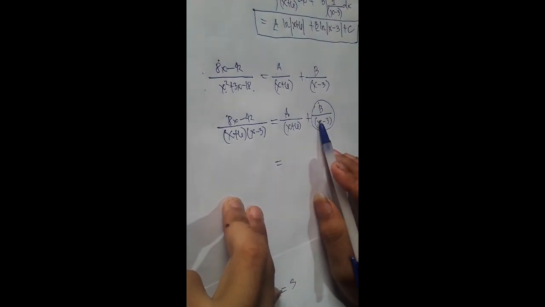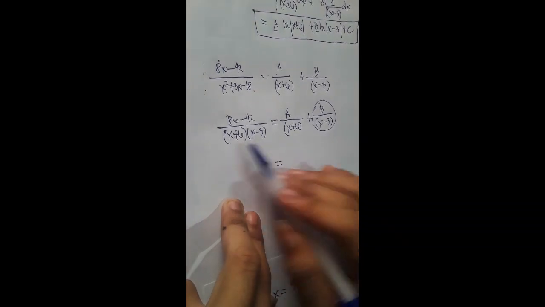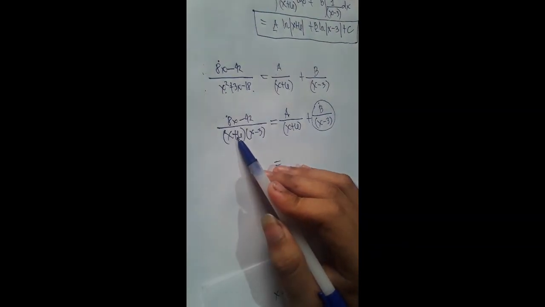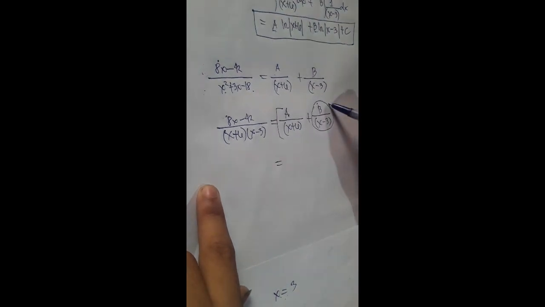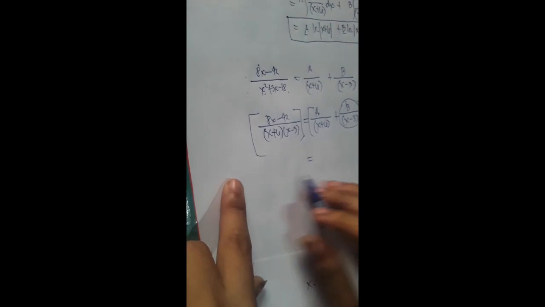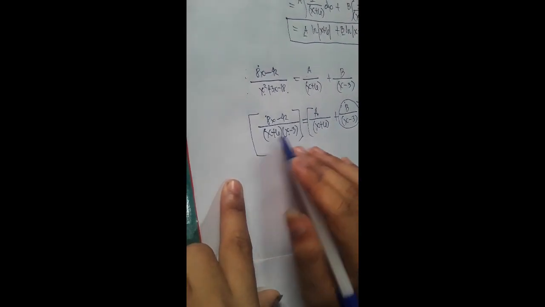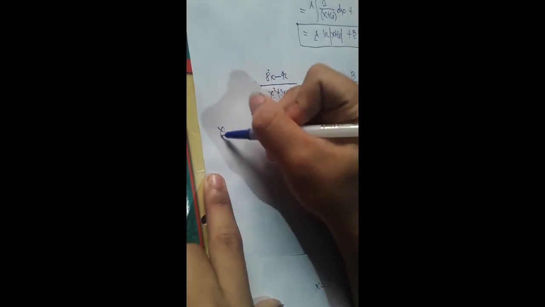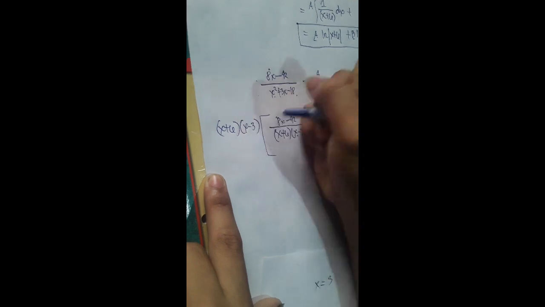Before we substitute the 3, we are going to simplify this one in order to eliminate the denominator. So we are going to multiply by the denominator, we copy here x plus 6 times x minus 3.